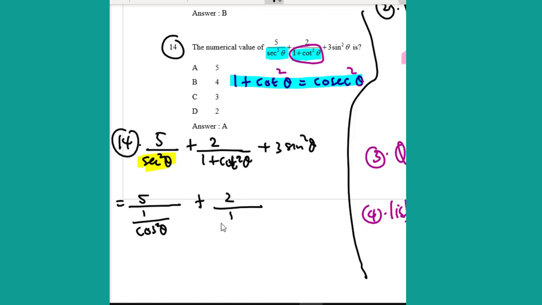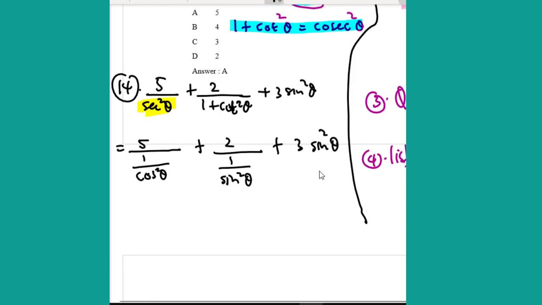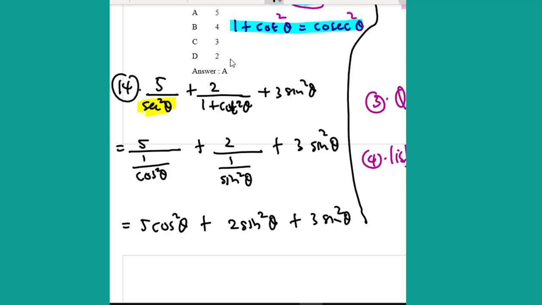Cosecant is 1 over sin theta squared, so 2 sin theta squared, plus 3 sin theta squared. Okay, need to simplify.